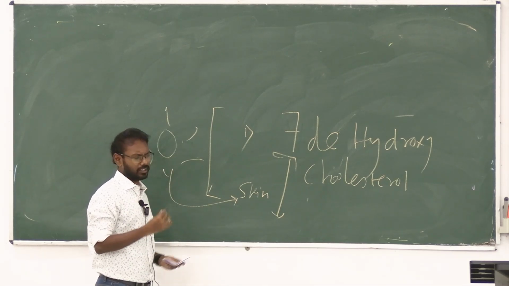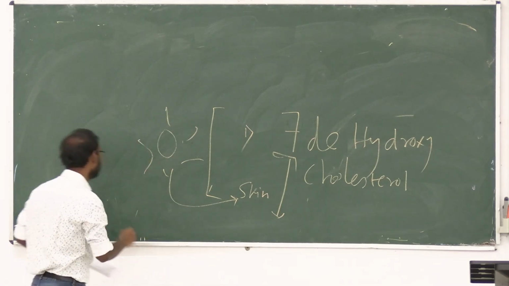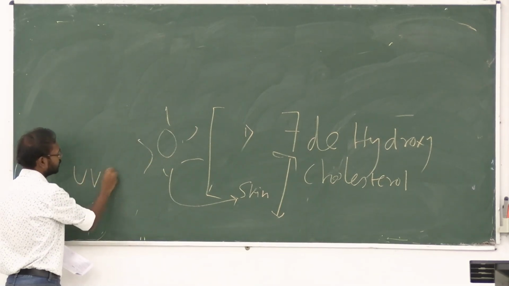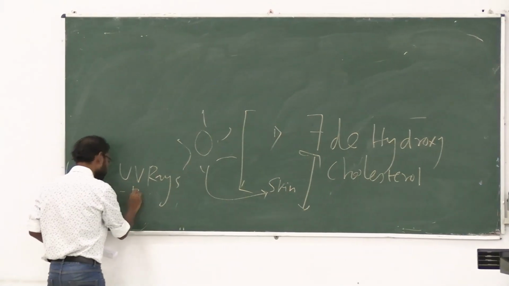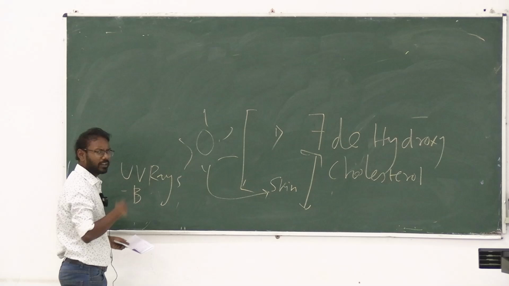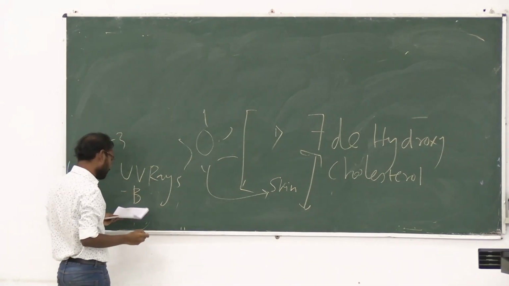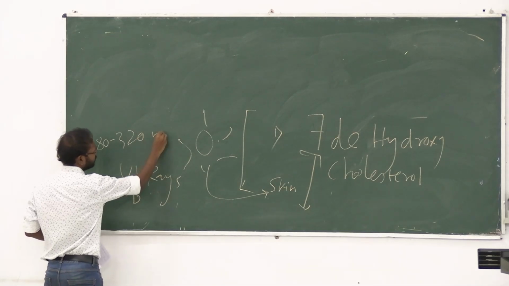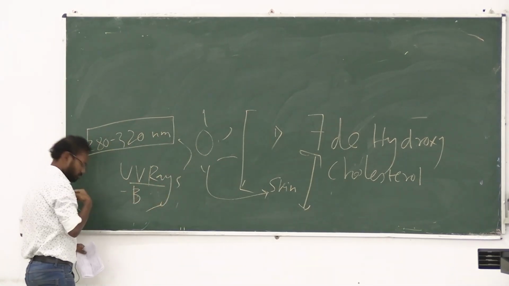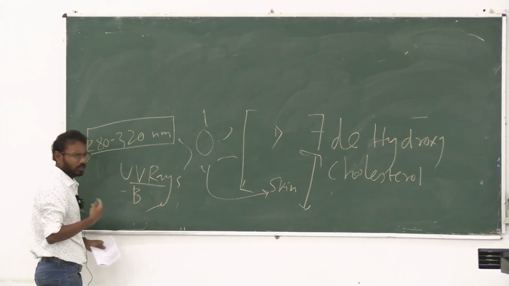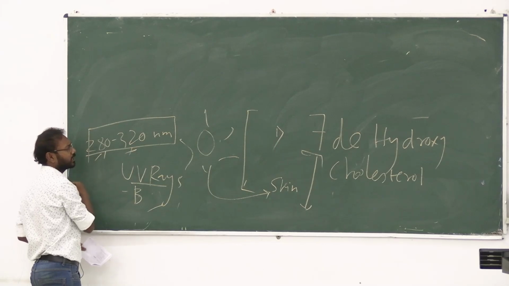So what is the sunlight? Sunlight has a lot of rays, a lot of wavelengths. Specifically UV rays present in the sunlight. What UV rays? UVB. The wavelength is 280 to 320 nanometer.